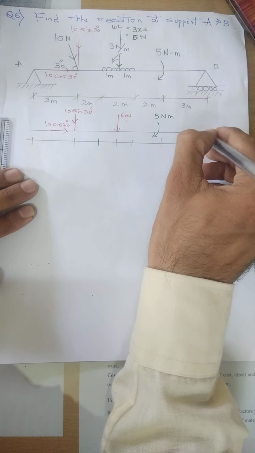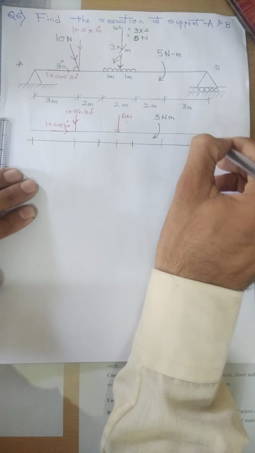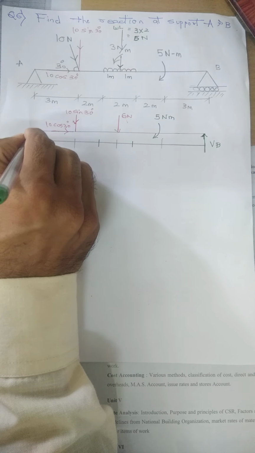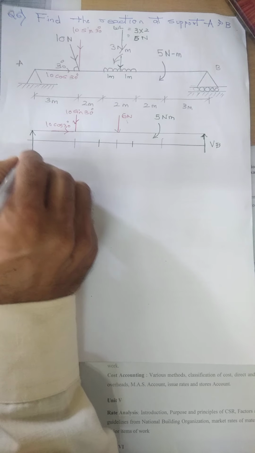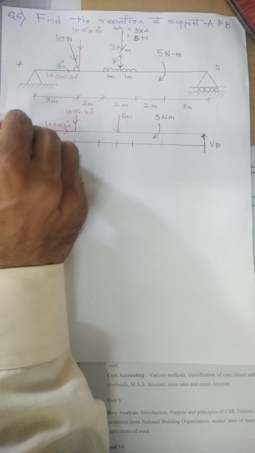At the roller support there will be one reaction. At the hinge support there will be two reactions, VA and HA. What about the distances?